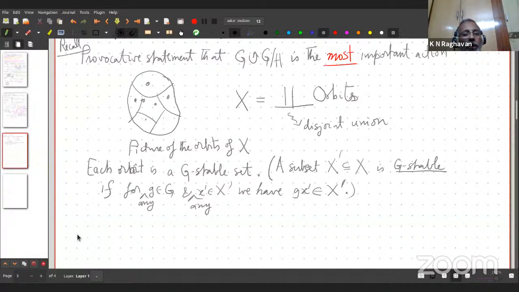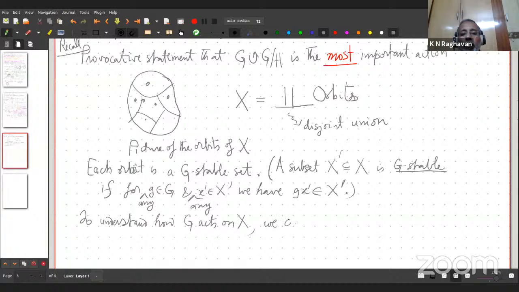So to understand how G acts on X, we can break up X into orbits and understand the action on each orbit separately.